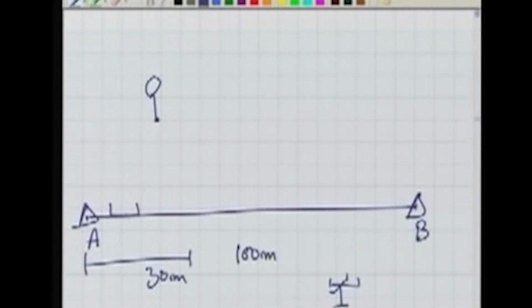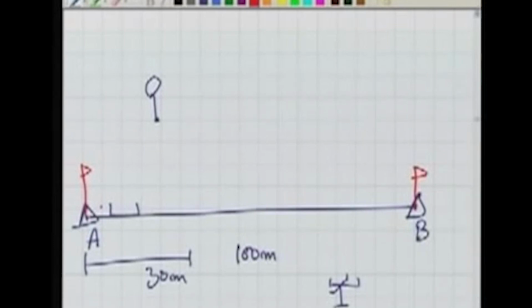I am moving along AB, which is marked by 2 ranging rods, because at the survey stations we have put 2 ranging rods. We are moving along this and seeing through it, so we can ensure that we are moving along the line somewhere here.